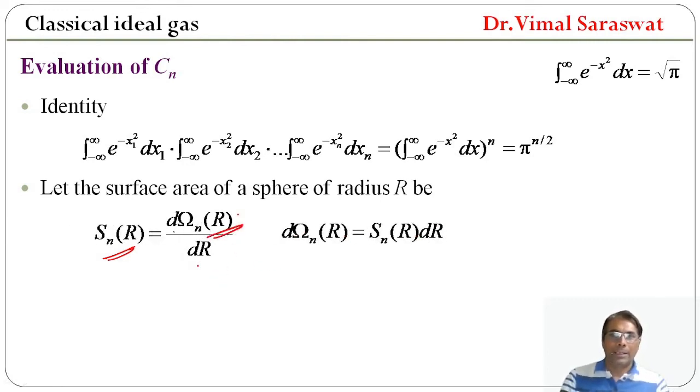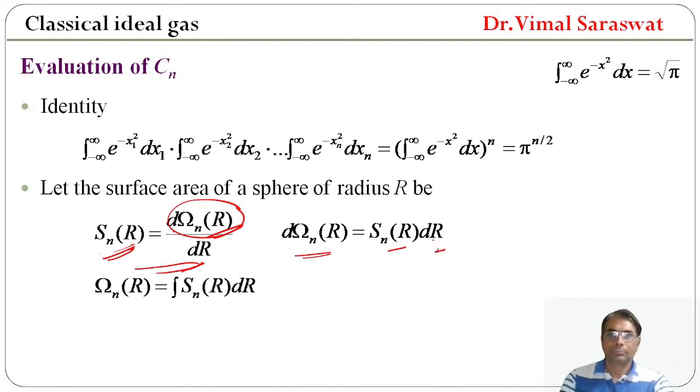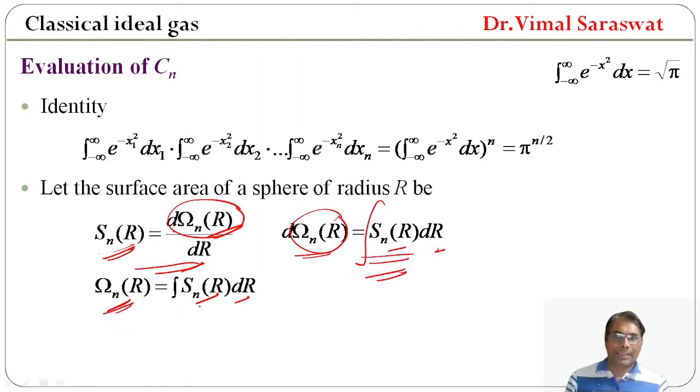Now from here d omega n r equal to S n r dr. So we cross multiply this equation and get d omega n r equal to S n r dr, or omega n r equal to integration S n r dr. To get omega n r we integrate this equation.